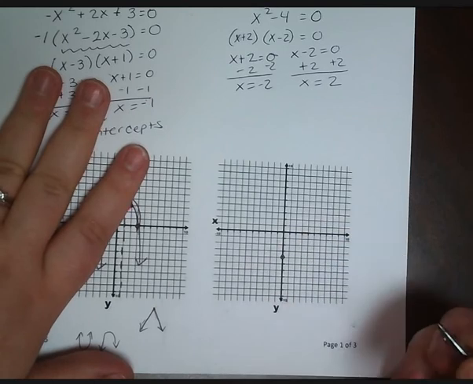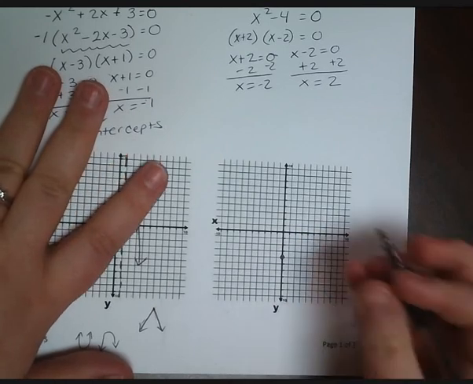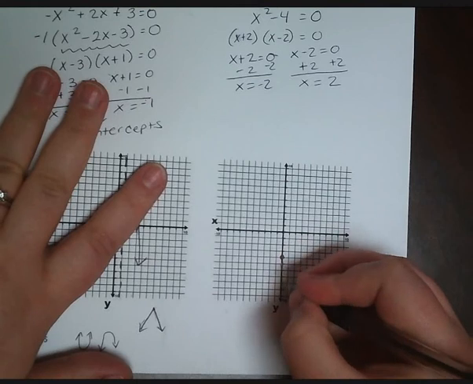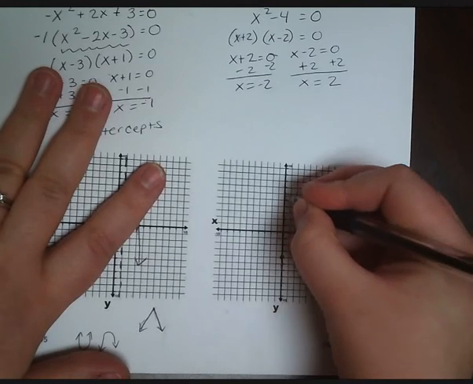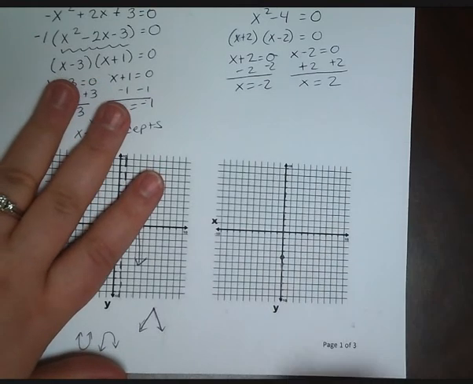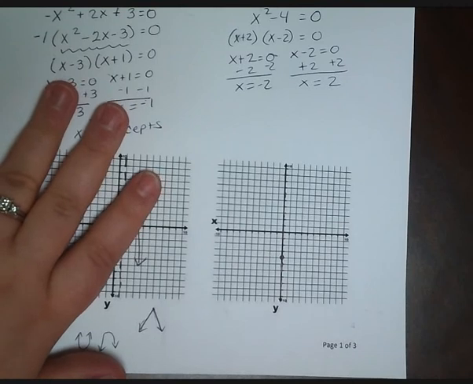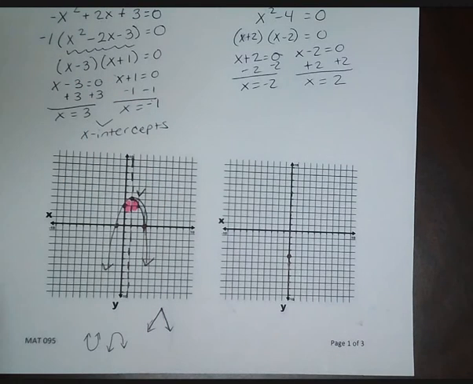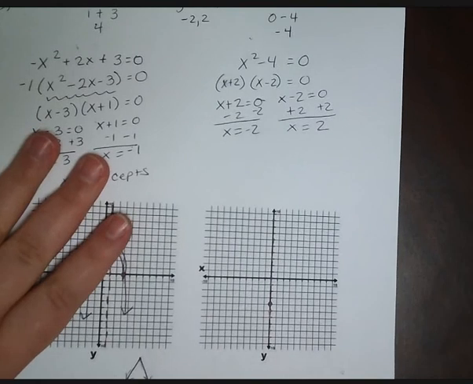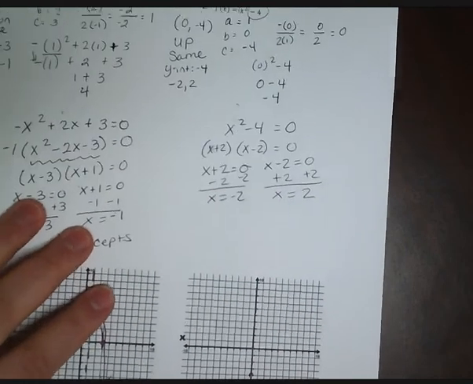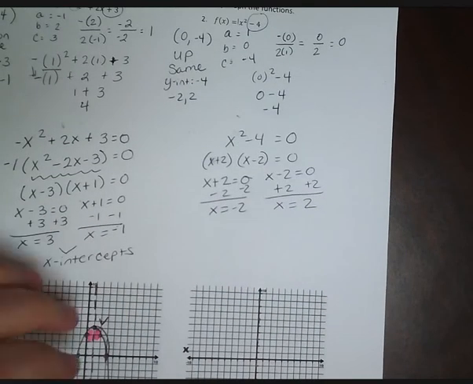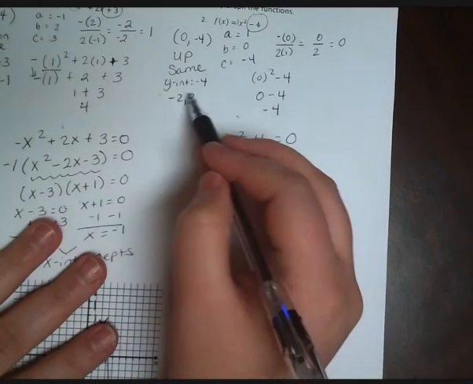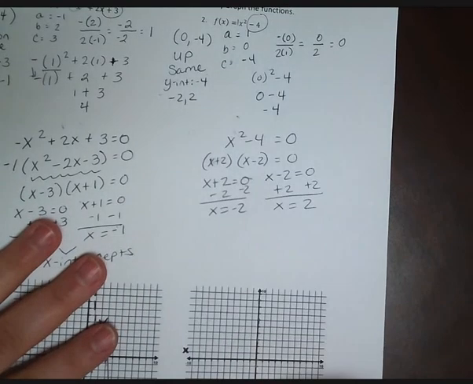And remember, through your vertex, you're always going to have that axis of symmetry. You can't really see it well because it's on this thick black line, but your axis of symmetry does go through that vertex. Now, if we were using the y-intercept method, we would then graph our y-intercept. But notice your y-intercept is at negative 4, which is the same as our vertex.